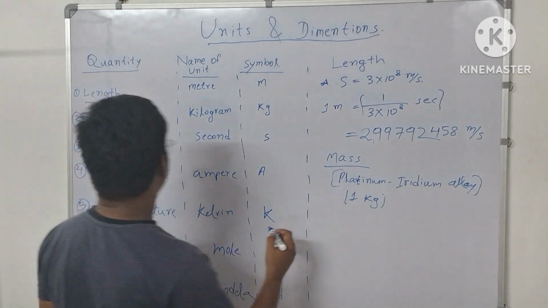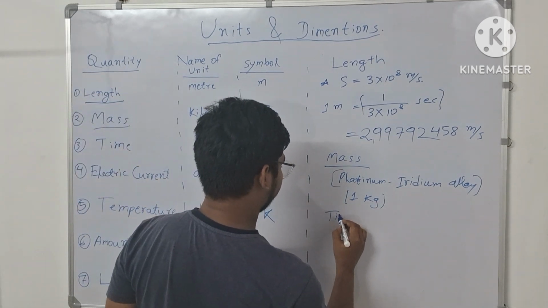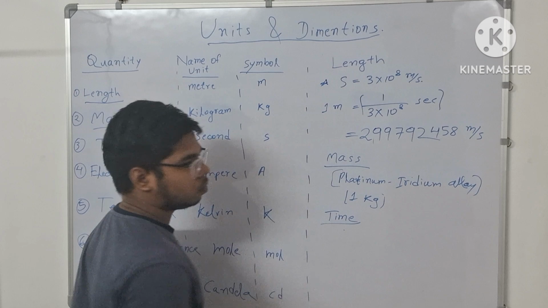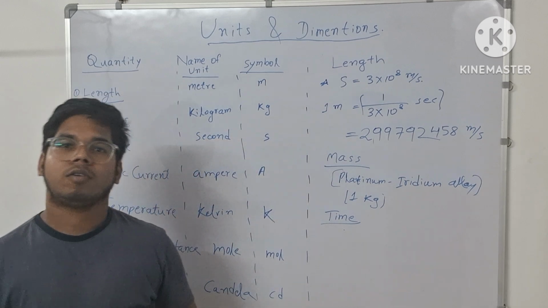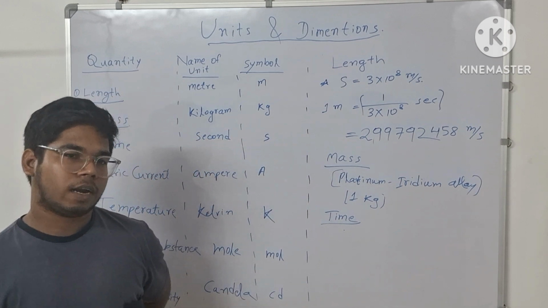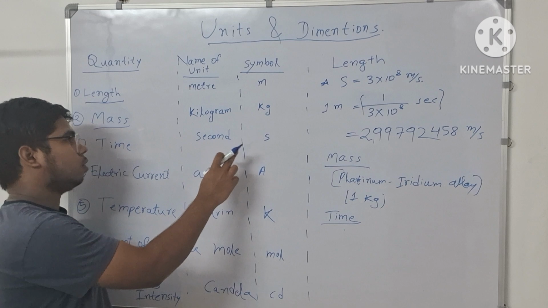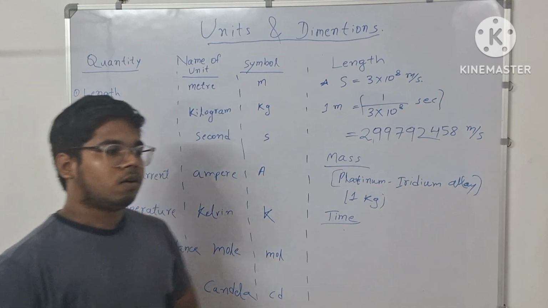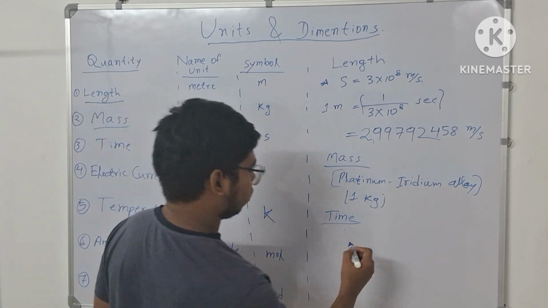And next is time. To define 1 second as our time unit, we consider the cesium atom.